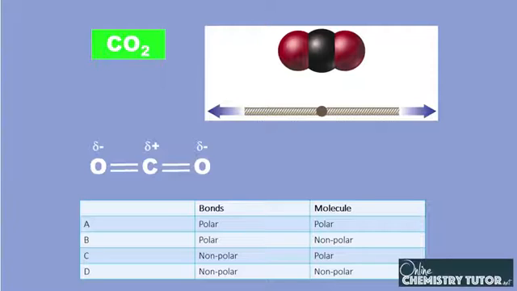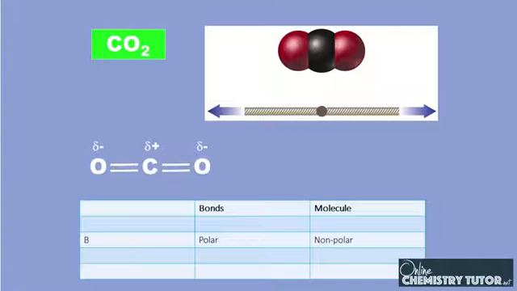Okay, so this molecule here, well, the bonds are polar. There's no doubt about that. But the thing is, there's no uneven distribution of electron density in this molecule. So as a result of that, the molecule is actually non-polar.